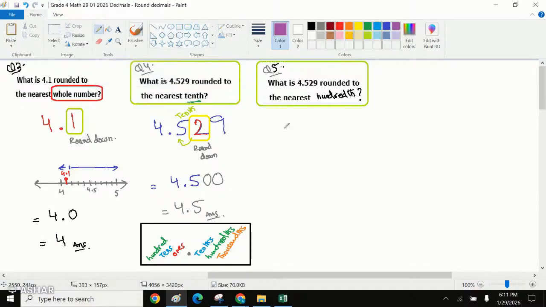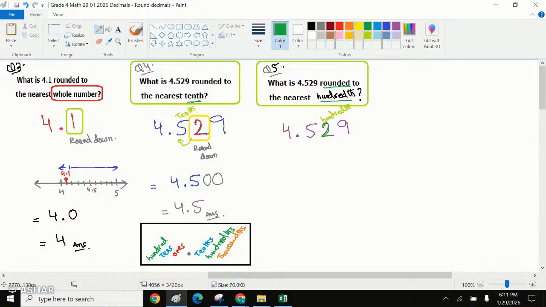If in this question I say 4.529, with 5, 2, and 9, which position is the hundredth position? 2 is at the hundredth position, right? That means we need to round off to the hundredth, which means we need to keep the hundredth.